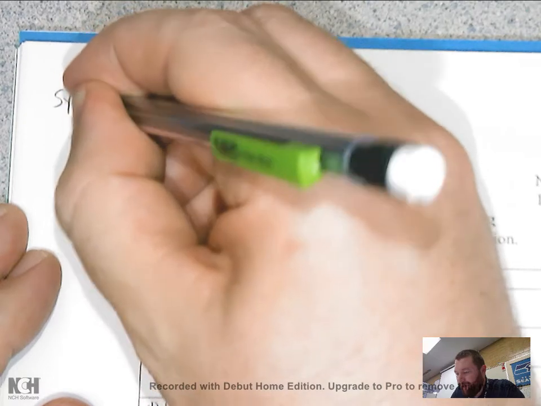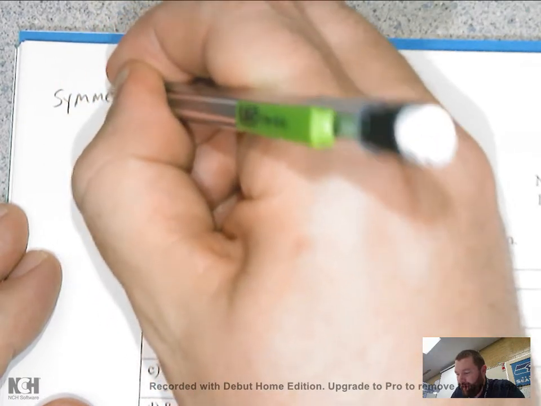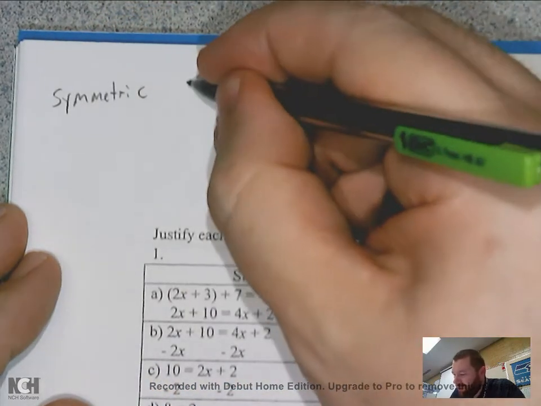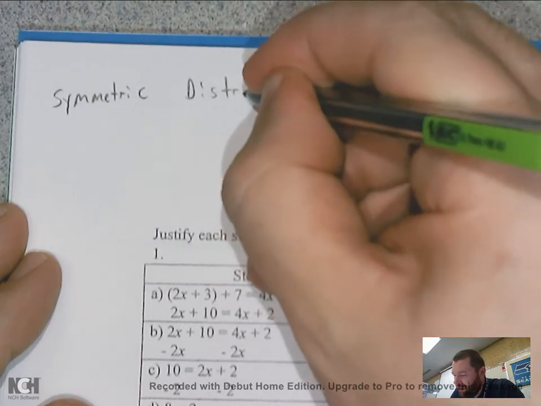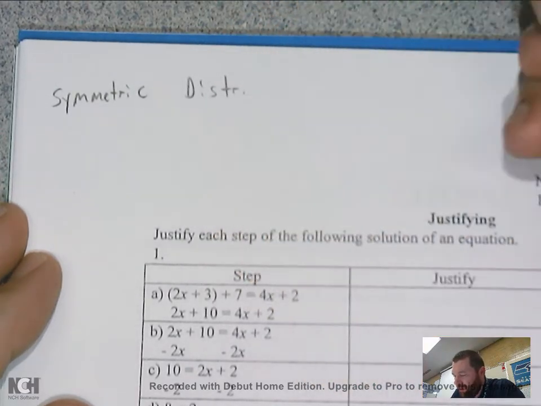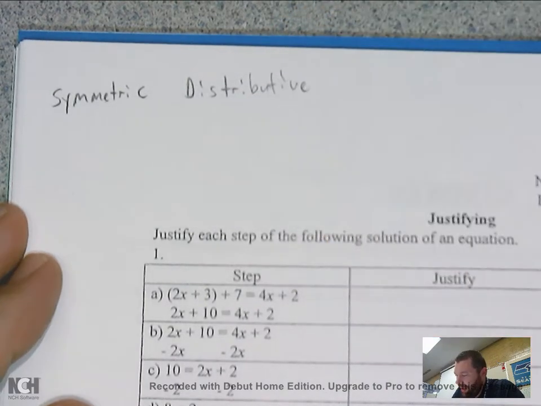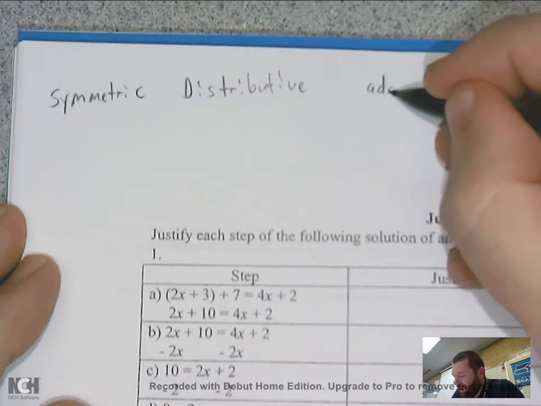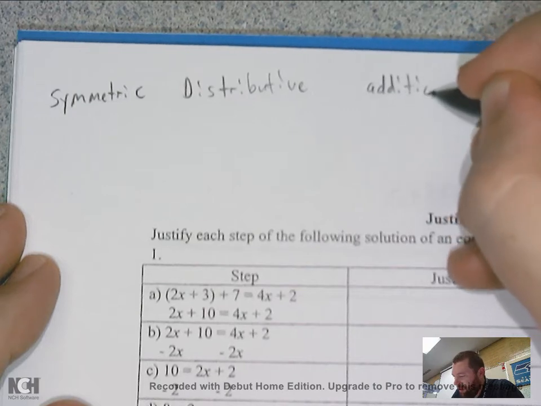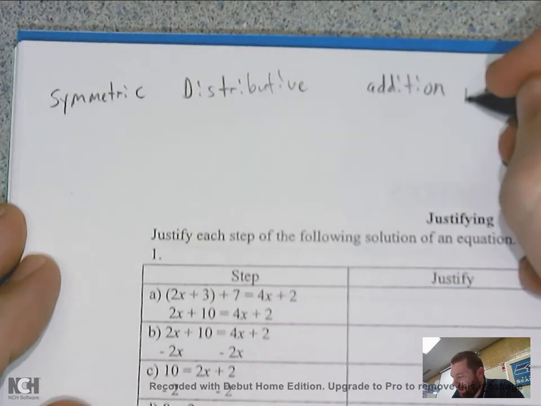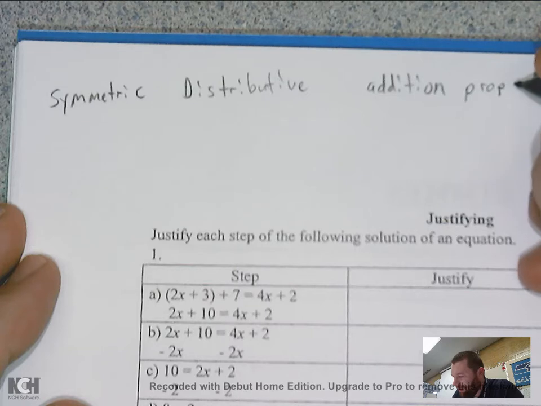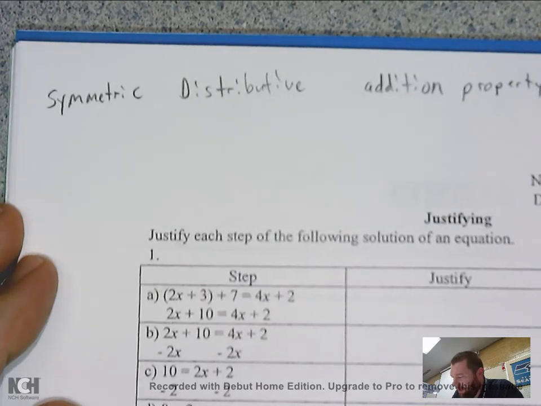So I have the symmetric property. I have the distributive property. And then there's the addition property of equality. I'm only going to write the property of equality once, and then I'll just do the other signs.